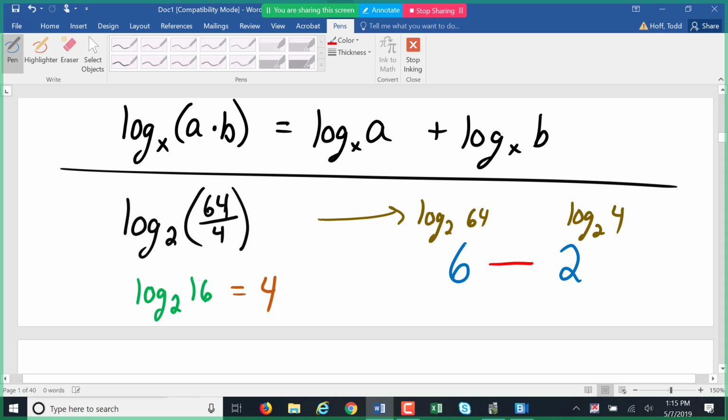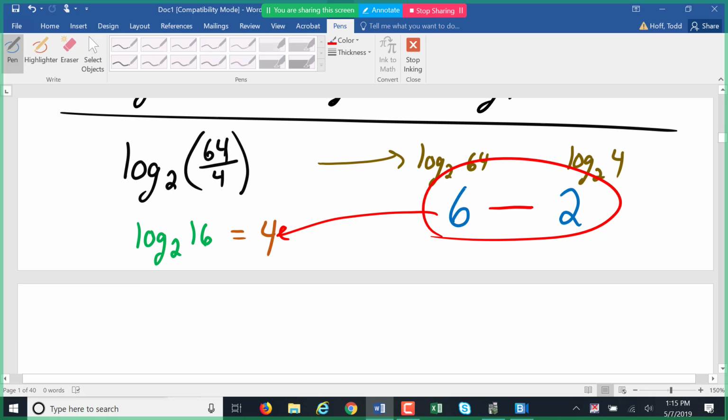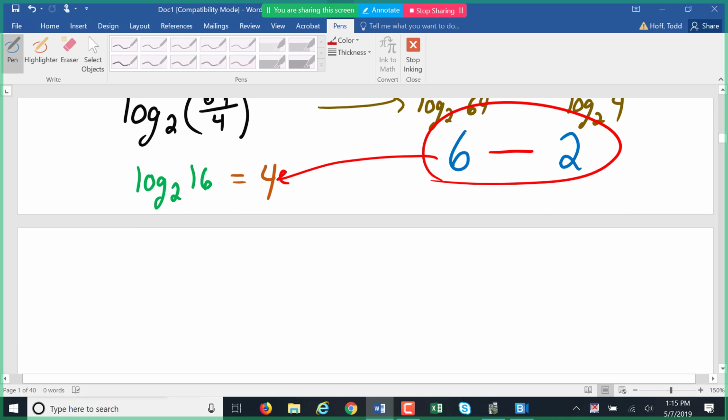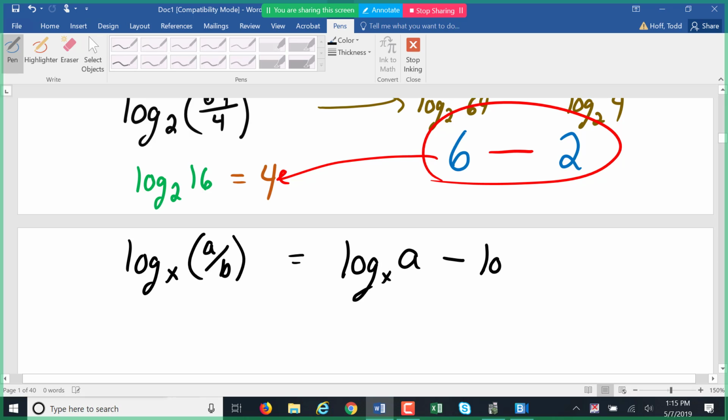If I subtract those, I get the result I had from the division. Giving us our second rule for combining logarithms. Log base x of a divided by b is equal to log base x of a minus log base x of b.